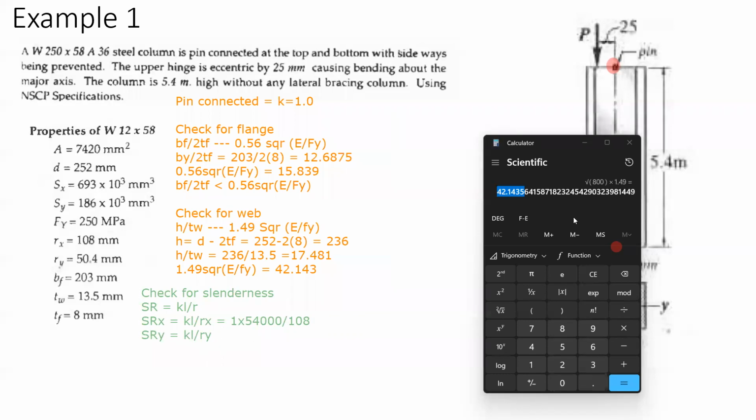So let us put that in. You have 54,000 divided by 108, you have 500.